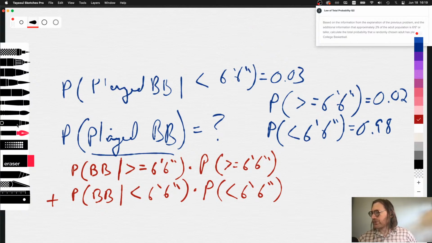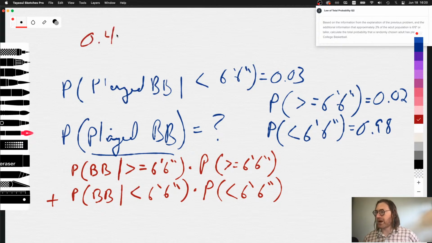If we were to fill this in, we've got these values. This first value is 0.4, right? I just erased it, but it's played basketball given being taller or as tall as 6'6". So that's 0.4 multiplied by the probability of being taller than 6'6".